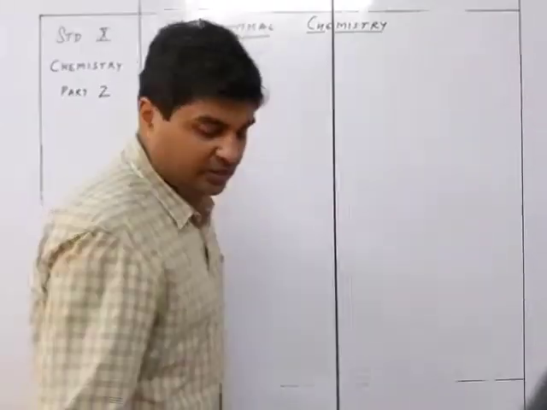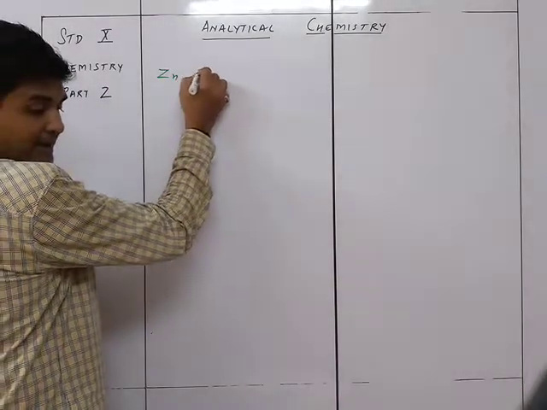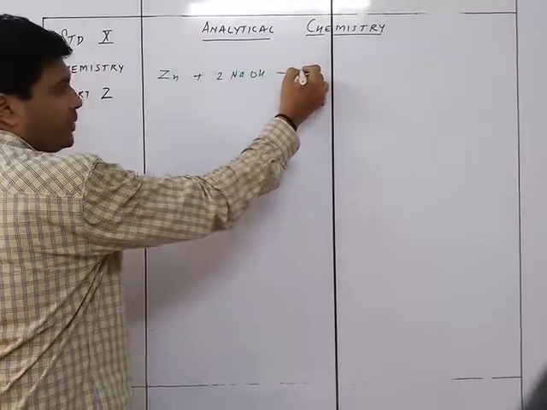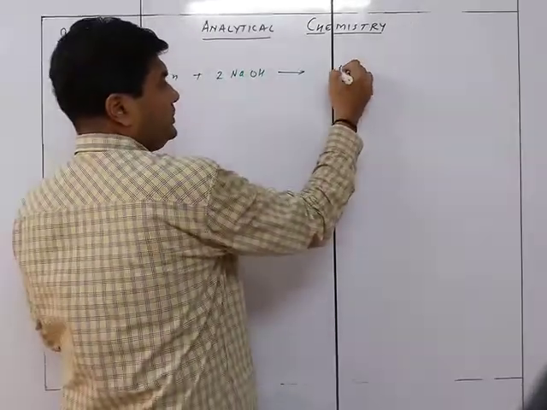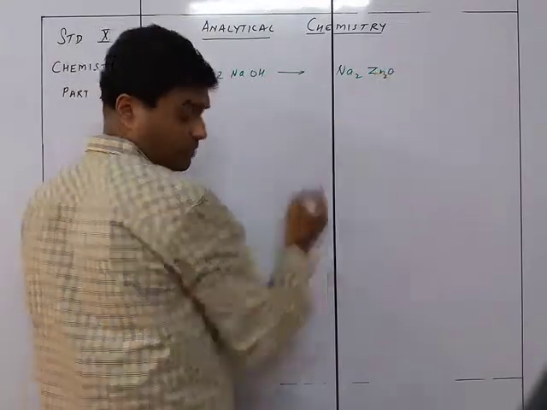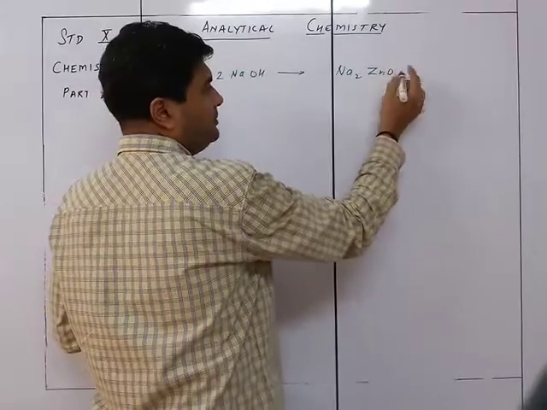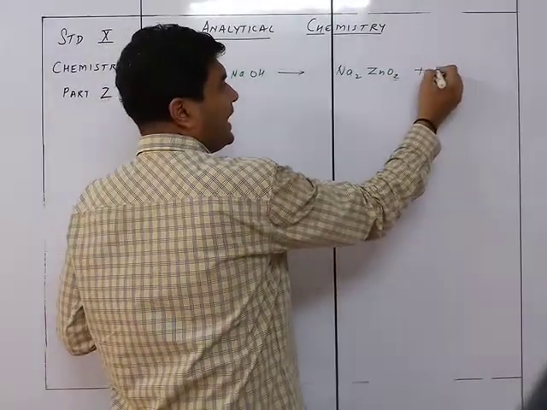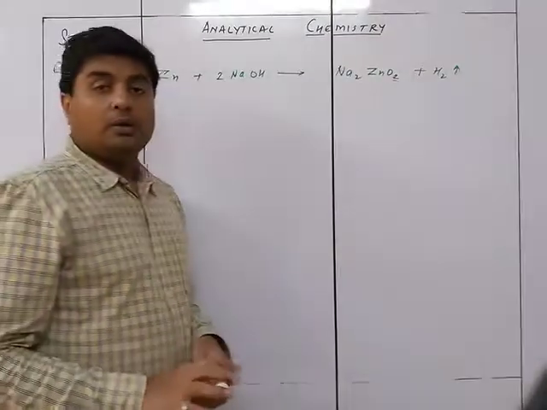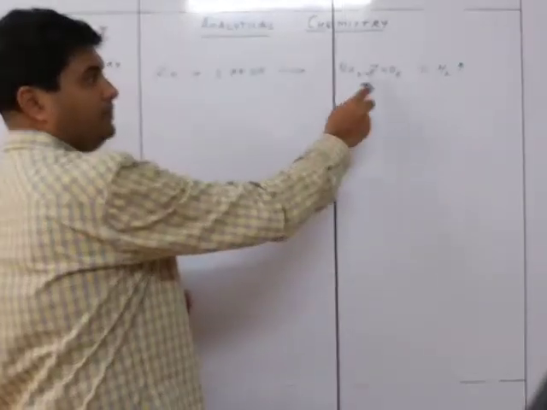So the reaction goes this way: if I take Zn and react it with 2NaOH, it is going to give me sodium zincate, plus hydrogen gas is going to be evolved.